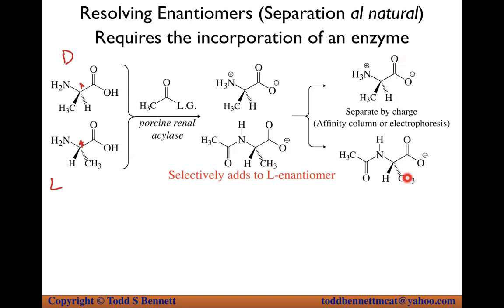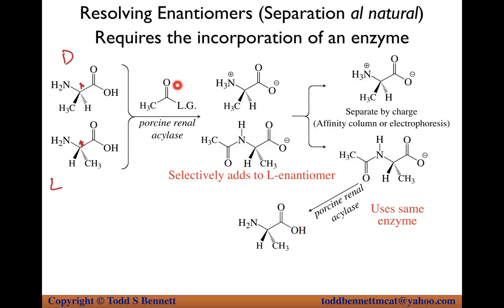So now this one is separated from this. If I want to get this one, I just add the same enzyme. So if I add the enzyme with this group, it adds it on. If I add this enzyme and take the group away, it'll turn it back into this. So we were able to take a synthetic mixture of D and L, treat it with an enzyme in a flask to react with one and not the other. Use some technique based on charge: the charged one interacts, the neutral one doesn't.